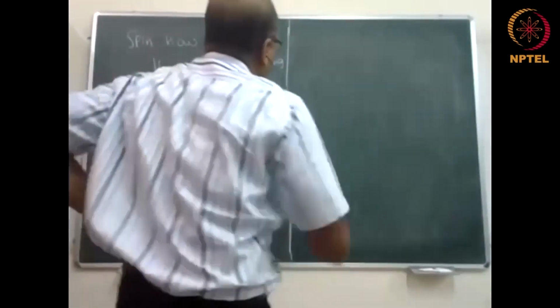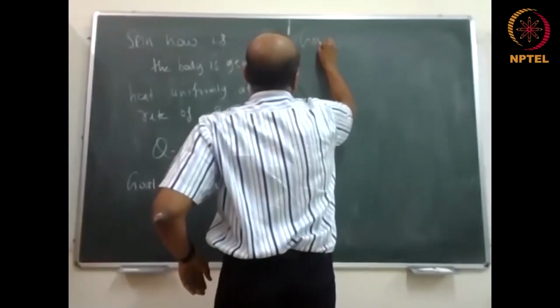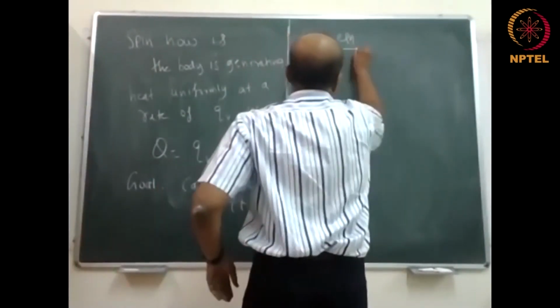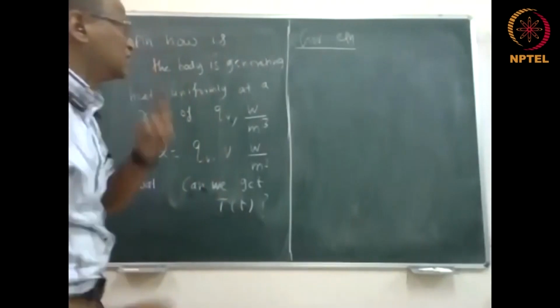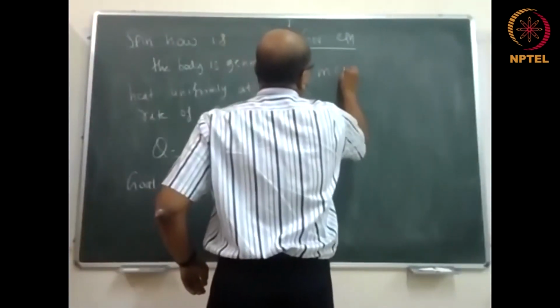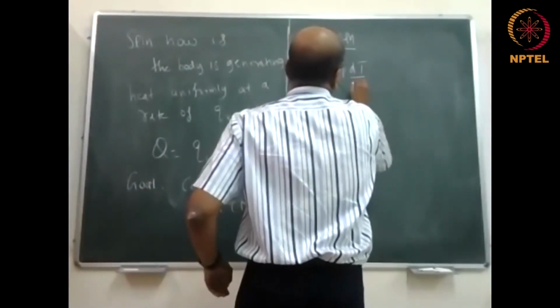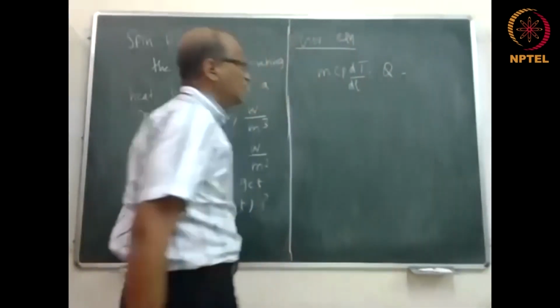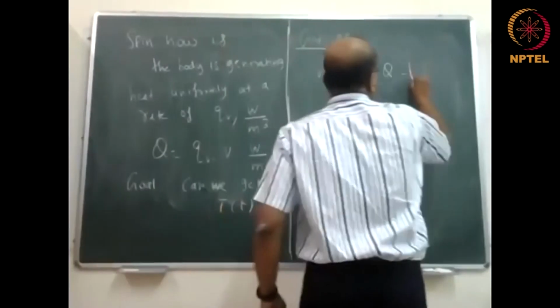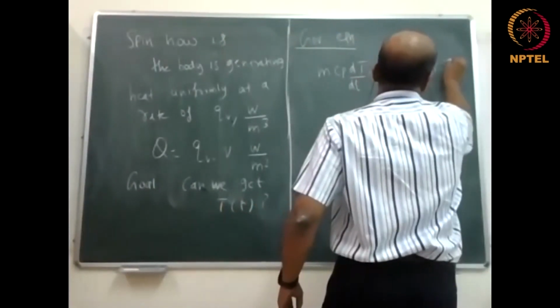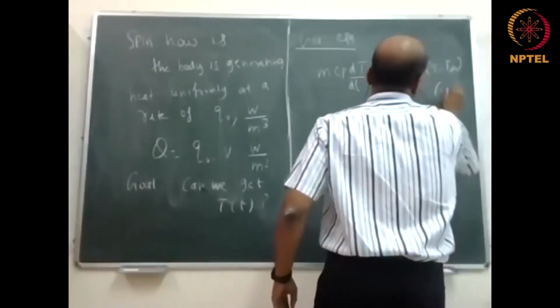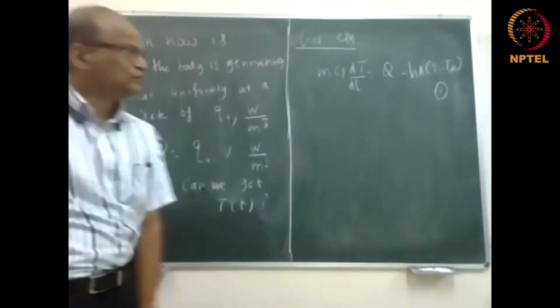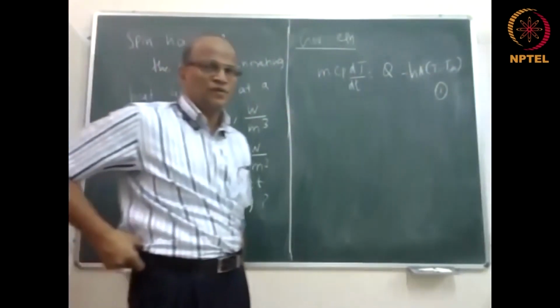All right. Now the governing equation will become m Cp dT by d tau equal to Q minus hA into (T minus T infinity).